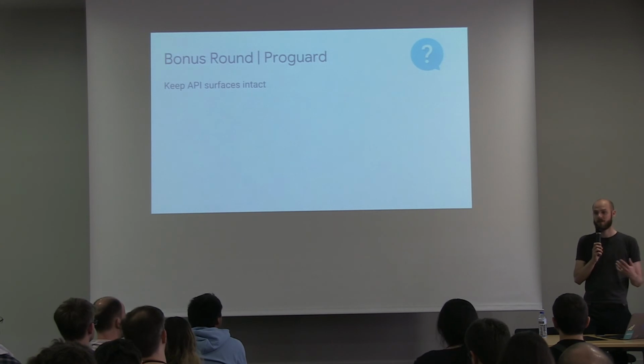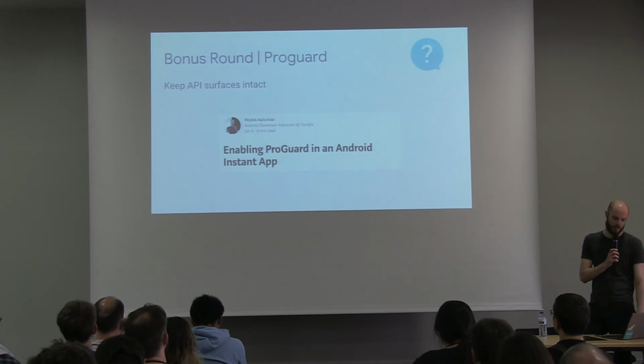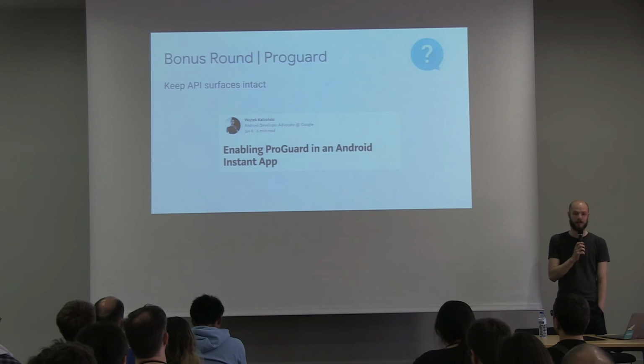It would work within development, but it would break as soon as you try and run it. My colleague Wojtek, who will give a session after this one, has written a great blog post on enabling ProGuard in an Android instant app.